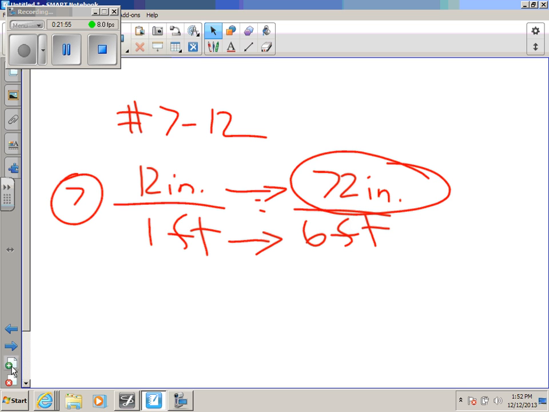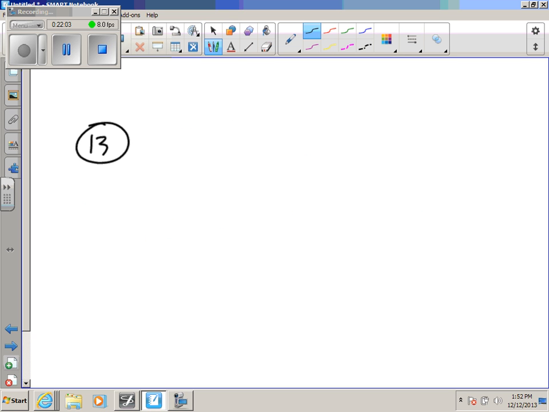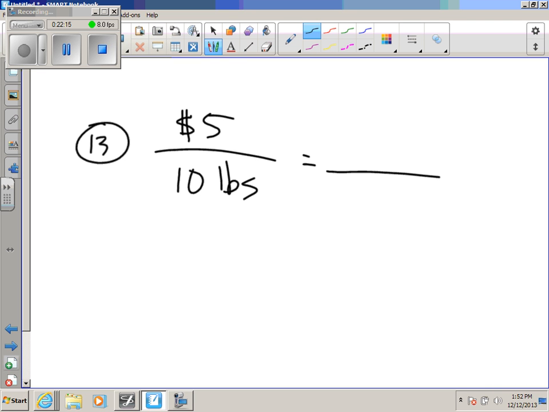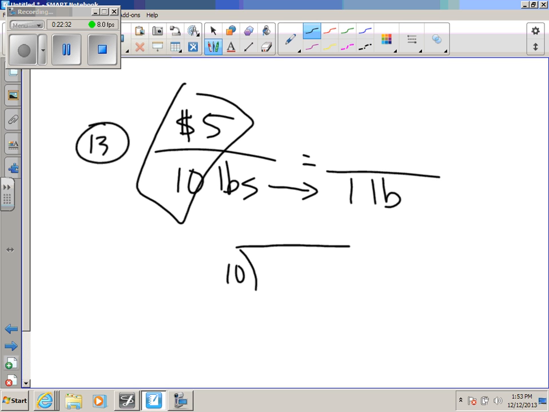Now, 13 through 18. Find each unit price. 13. $5 for 10 pounds. We need to find out how much per pound. So if you pay $5 for 10 pounds, you're going to divide by 10, which is the same as what you have here, by the way. 5 divided by 10 equals what?